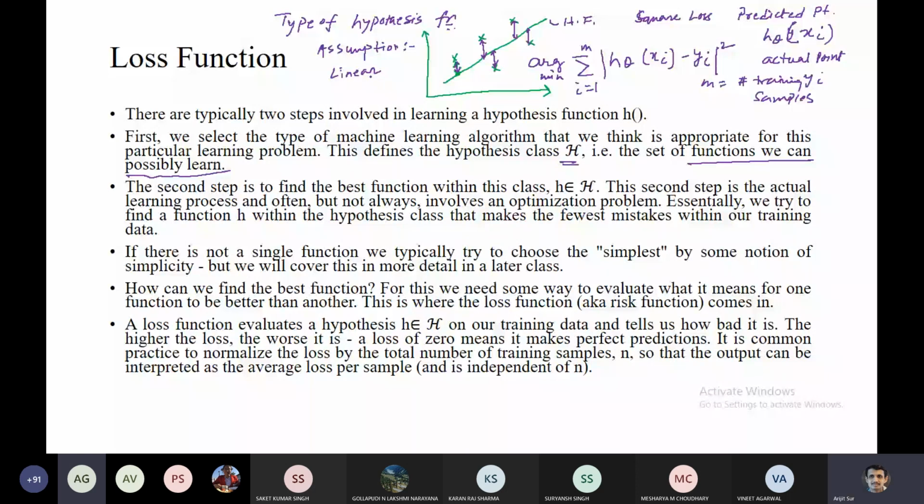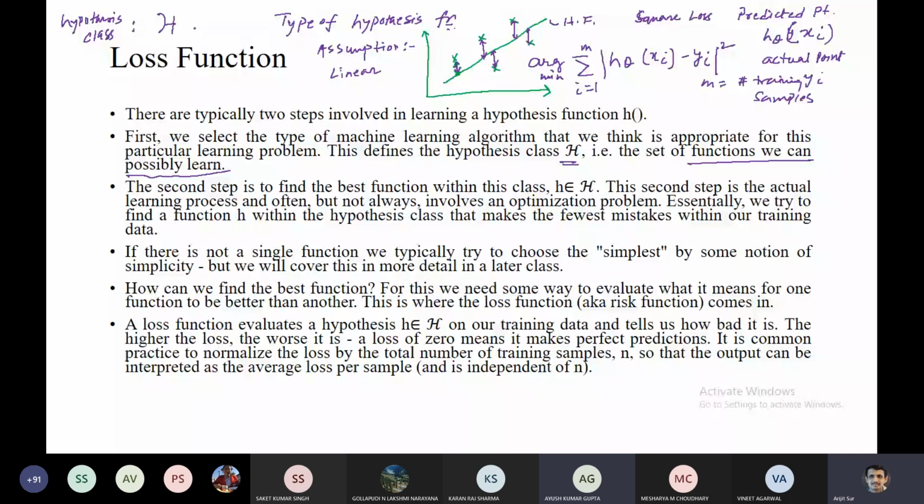The second step is to find the best function within this H. H is basically the hypothesis class, and we will cover these things in detail in our class on the theoretical aspects.